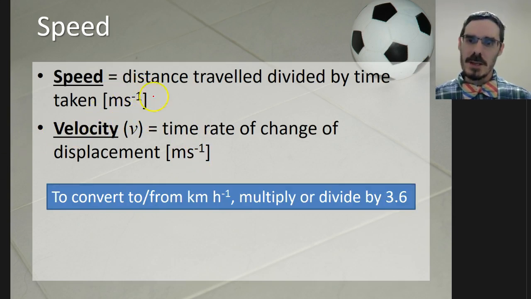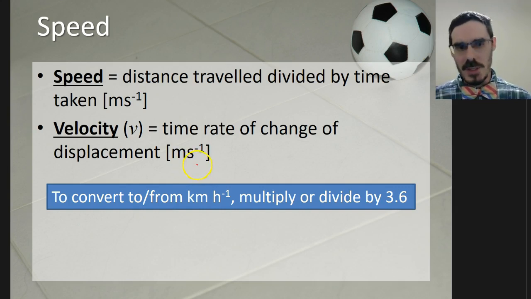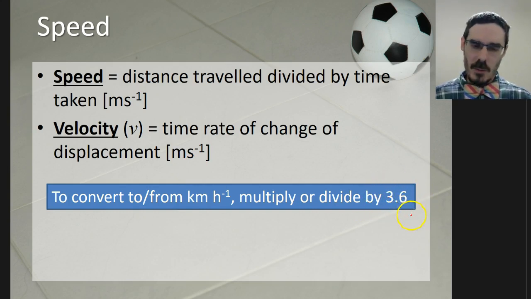Now, although I've said it's usually meters per second, depending on context, kilometres per hour or kilometres per minute or who knows what else might be just as useful. If you do have to convert between metres per second and kilometres per hour, you have to multiply or divide by 3.6. Now, where did 3.6 come from?